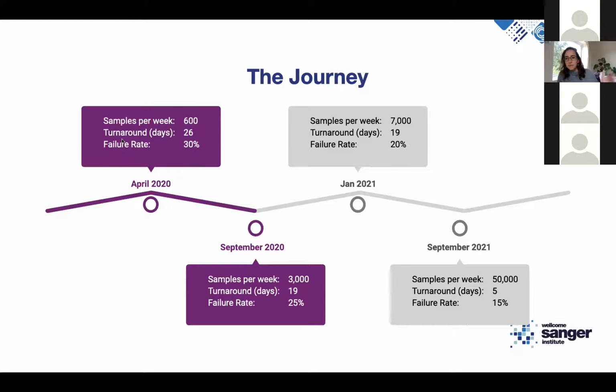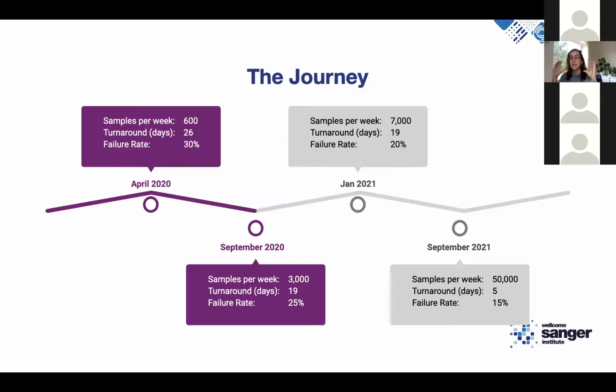The same goes for turnaround time. If you remember, at the beginning of the talk I said that one of the crucial points of this project is the timeliness in which we produce the data. Turnaround time is the time from when a PCR test result is published, by the time the patient knows the result, all the way to the end of the sequencing data being finished.